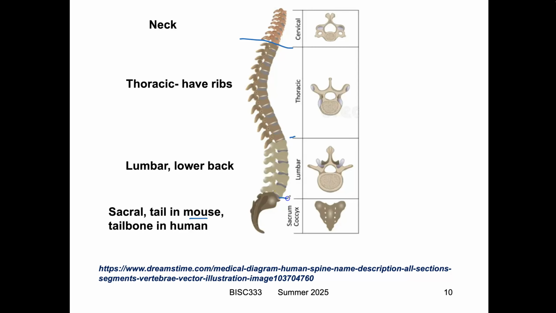Lumbar is the lower back, and then sacrum in humans is just a couple of fused vertebrae that make the tailbone. But of course, in the mouse, the sacral vertebrae form all the structures in the tail. So there are more of those in some other species, of course.